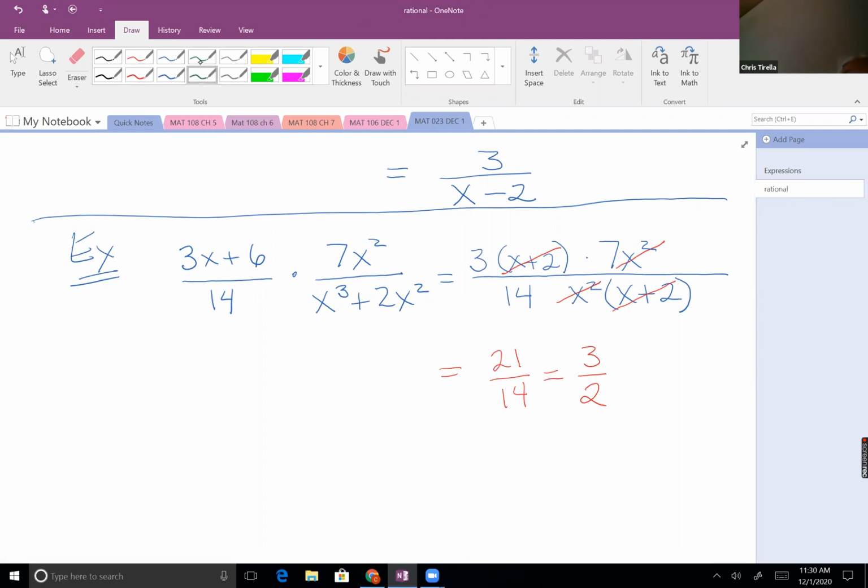Or when it's in this form, we can divide 7 by 7 to get 1s and 14 by 7 to get 2, which would take me directly to that 3/2 either way. And once we've got it multiplied and reduced, doesn't it look a lot better than what we started with?